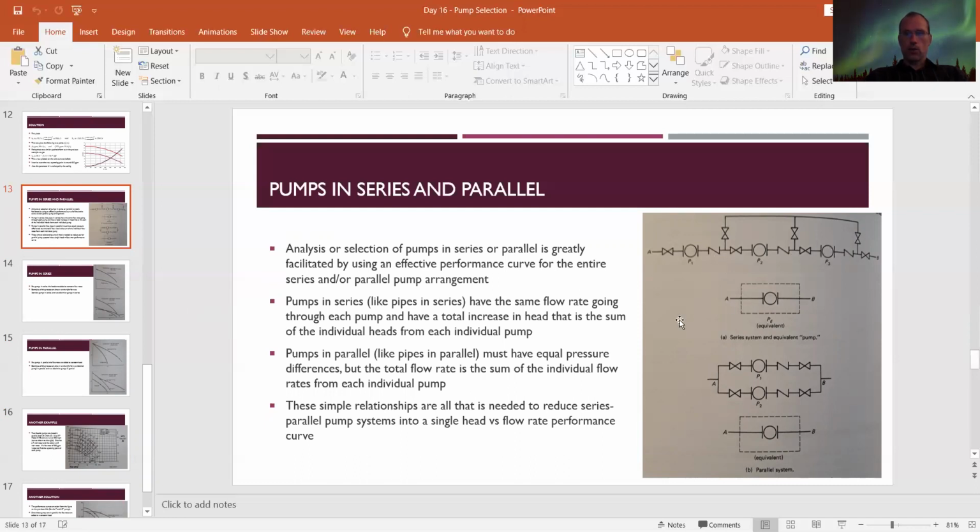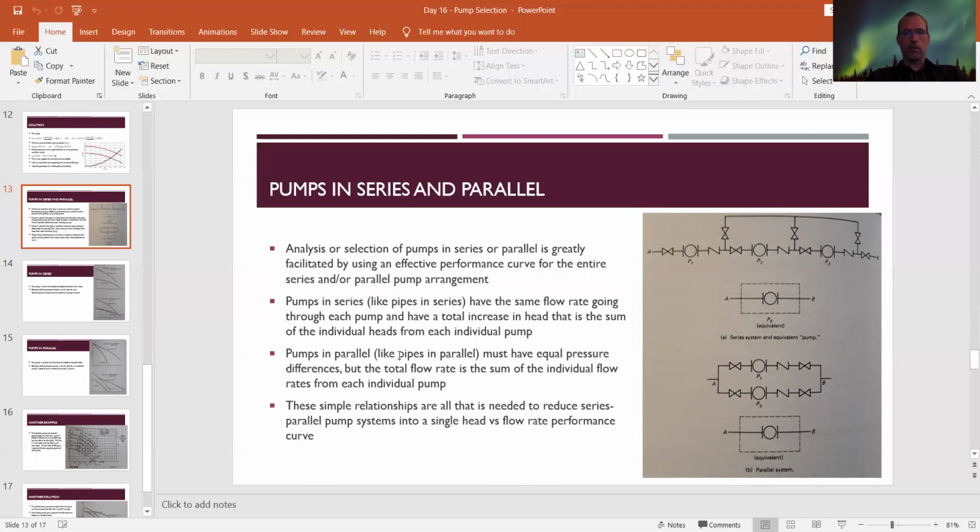And so to do this, we need to know that for pumps in series, just like pipes in series, they're all going to have the same flow rate. Again, nowhere else for that flow rate to go. So it all has to be the same flow rate through all my pumps in series. The total increase in head or pressure will be the sum of all the individual pumps. So each pump is going to give a certain pressure rise, and through all the pumps, I just add all the pressure rise together to get the total, again at that same flow rate.